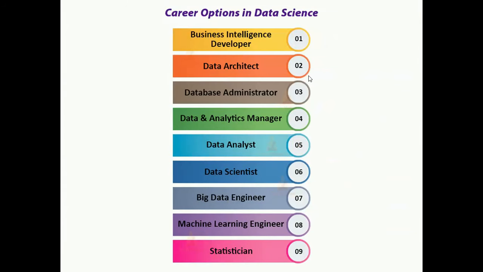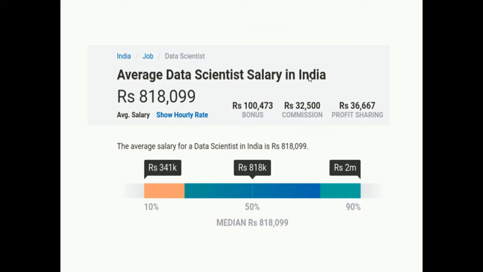So what are the career options in data science? You can start your career as a business intelligence developer, data architect, database administrator, data and analytics manager, data analyst, data scientist, big data engineer, machine learning engineer, or statistician. Then what are the job scopes?